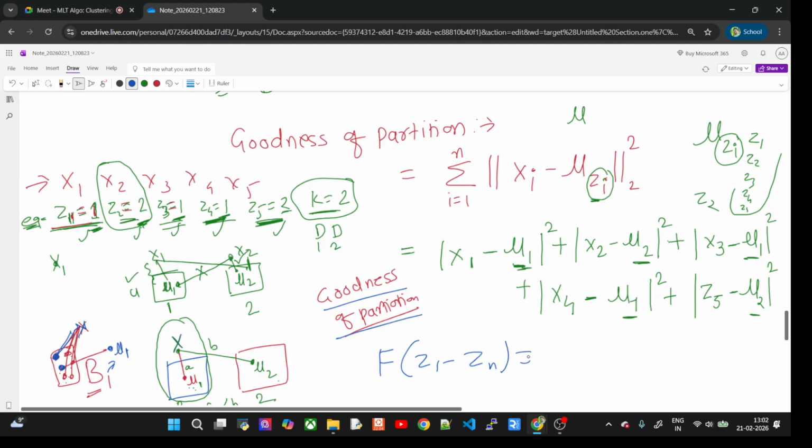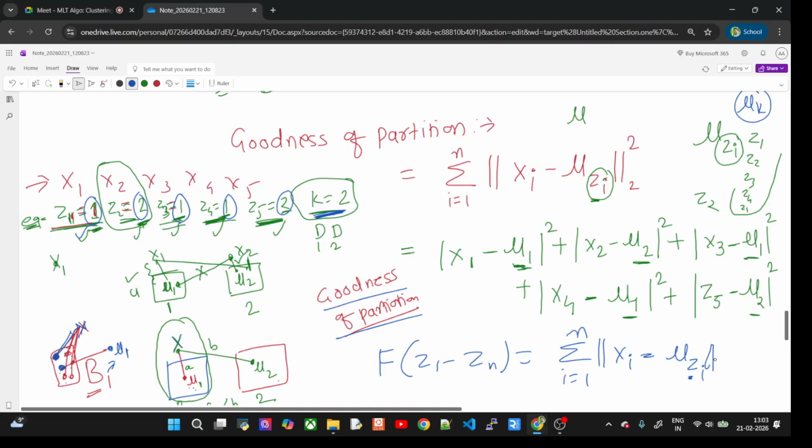It is the summation over i equal to 1 to n of the norm of xi minus mu zi. Remember it's zi, it's not k. Zi may be 1 2 1 1 1, that may be the value of k, but it is not mu k, it is mu zi.